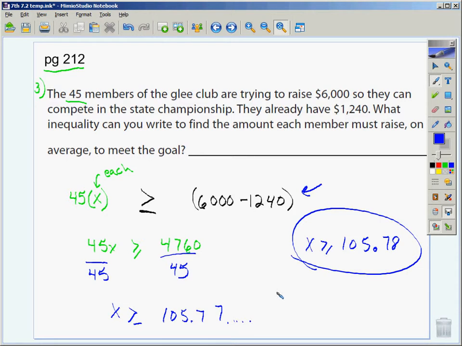Okay? They asked me to write the equation, but we're not only going to write it, we're going to write it and solve it. We already solved it. 45x.